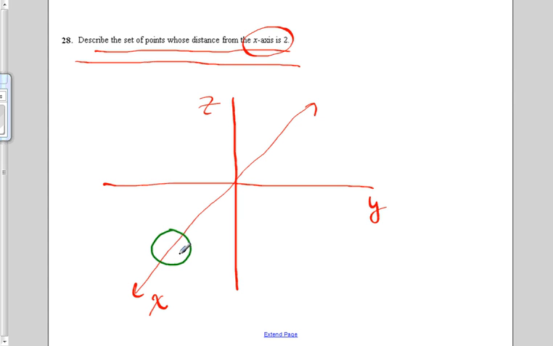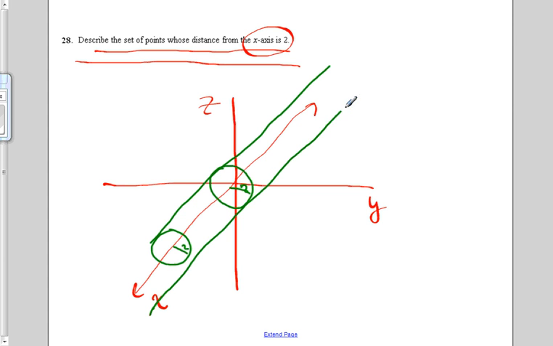So let's say that goes around the x-axis, and the radius of that is 2. But it doesn't matter whether the circle is there or the circle is here with a radius of 2. What we're drawing is an open cylinder around the x-axis. So we're drawing a cylinder around the x-axis that has a radius of 2.